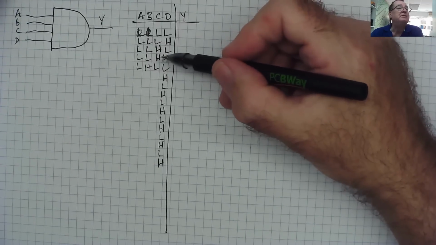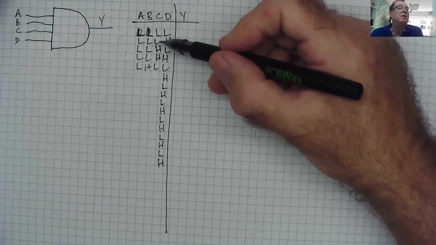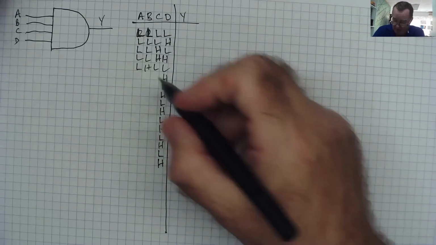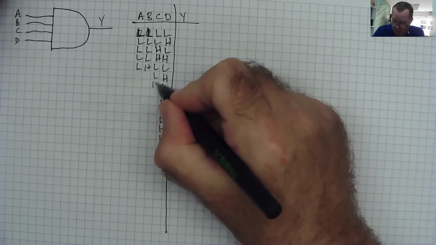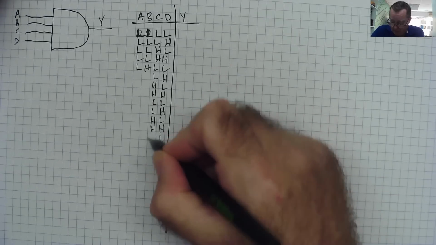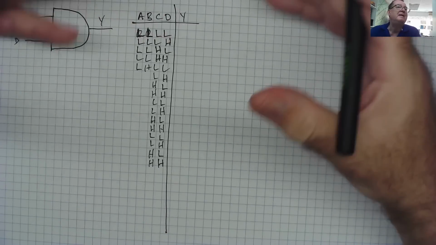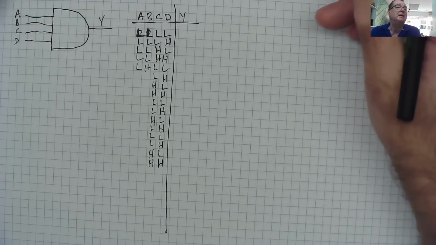And this one is doing the same thing, but at a slower rate, half the speed. So this is going low, low, high, high, low, low, high, high, and so on.